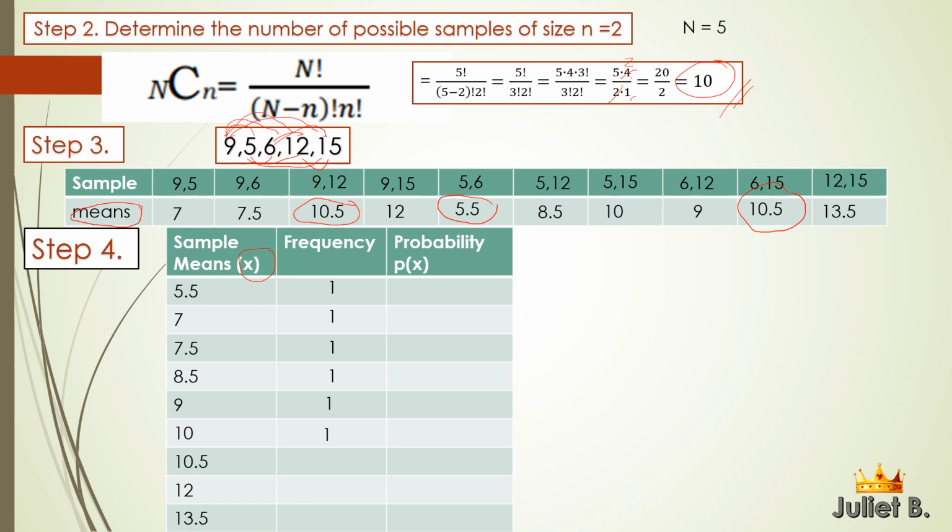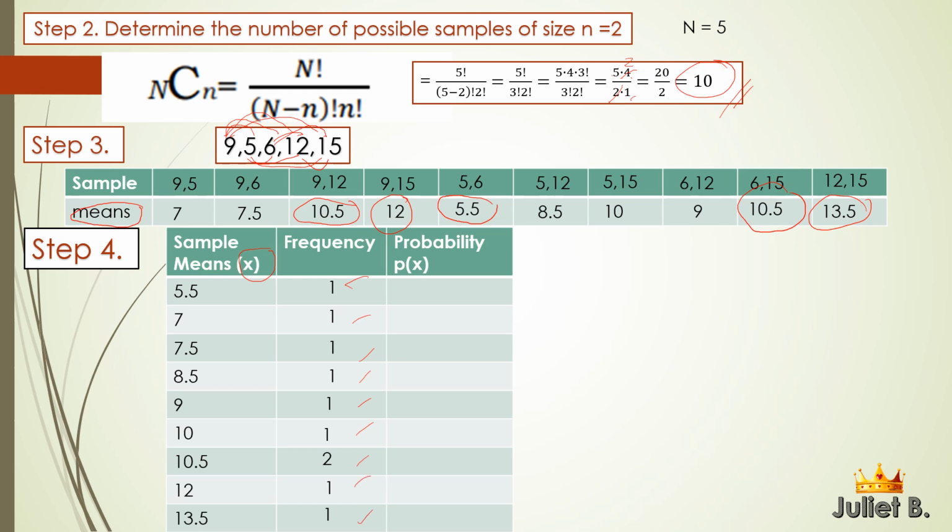Kaya hindi natin nilalagay dito ng dalawang beses kasi dito natin sila i-appear sa frequency kung ilang beses sila nag-appear as mean dun sa possible samples. 12, ilan ang 12? Isa lang din. And then 13.5, isa lang din. That's it. Tapos pag inadd mo yan, syempre, dahil 10 yan, 10 dapat ito. 1, 2, 3, 4, 5, 6, 7, 8, 9, 10.